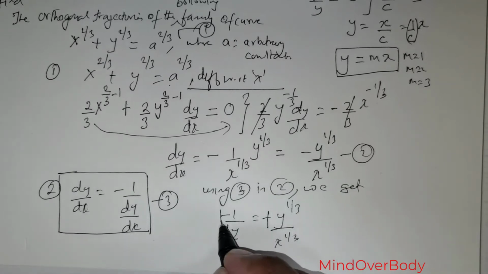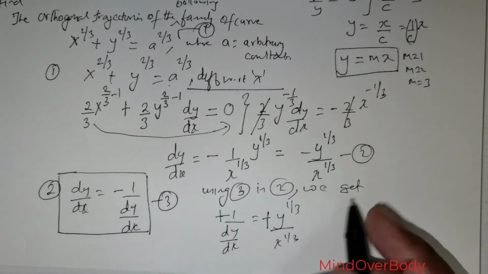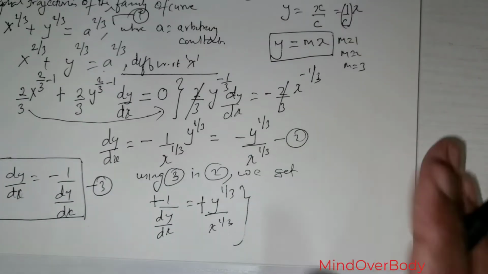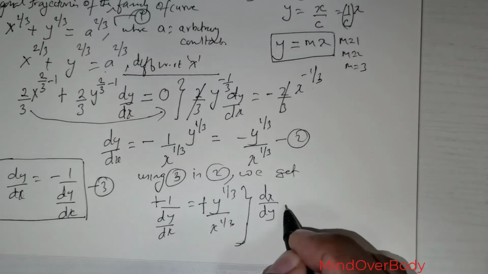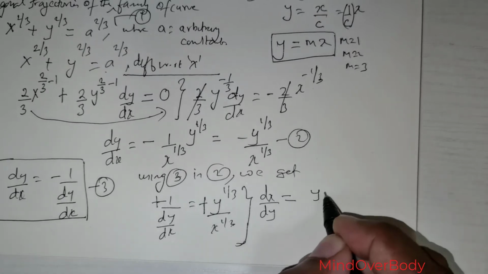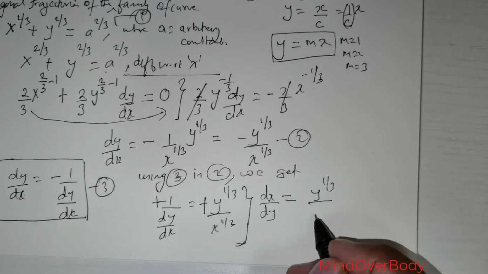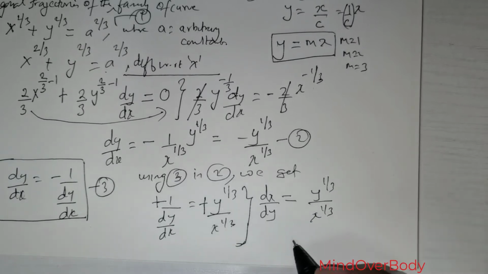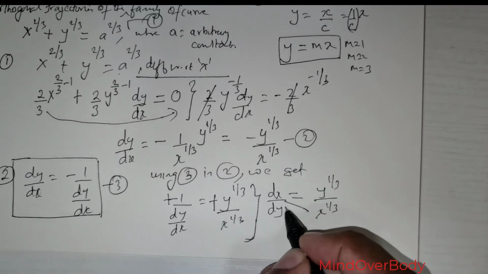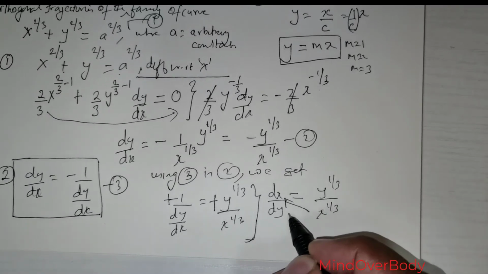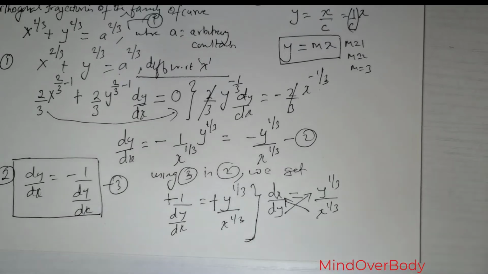Now these two will become positive. I can flip this. So if I were to flip it, I would get dx over dy is equal to y raised to the power of 1 over 3 divided by x raised to the power of 1 over 3. Now I can just use variable separable. So this will go to the x side and this will go towards the right side.